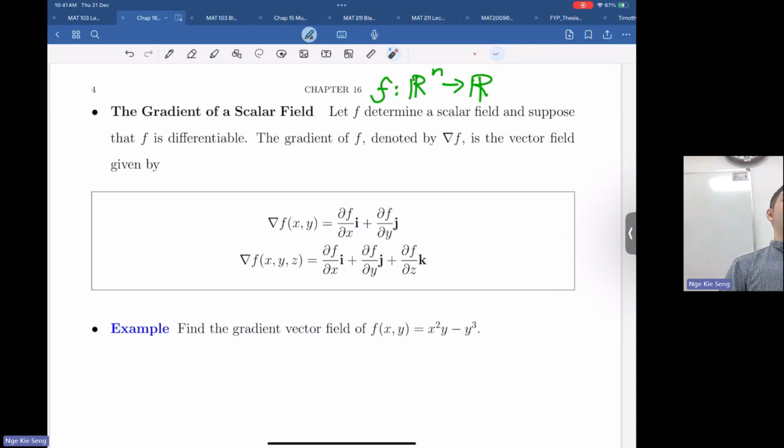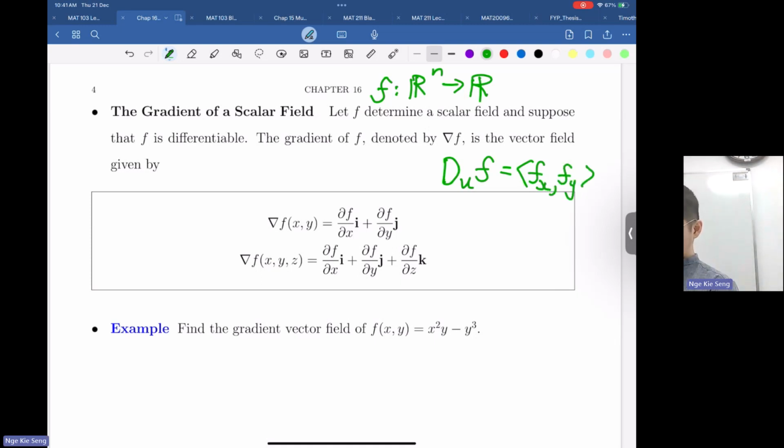Remember last time we calculated the gradient. What's the definition of gradient again? Anyone remember? There's something related to the change. The directional derivative D_u f equals what? f_x comma f_y dot product with the unit vector u.